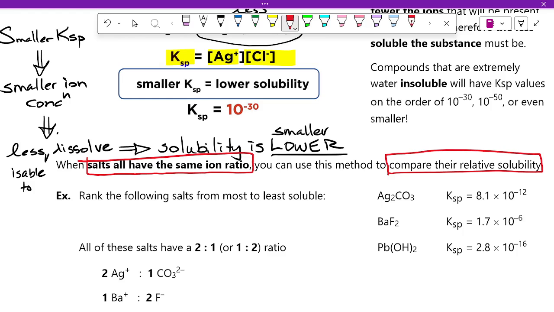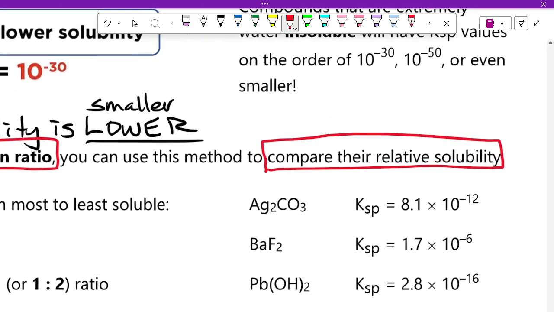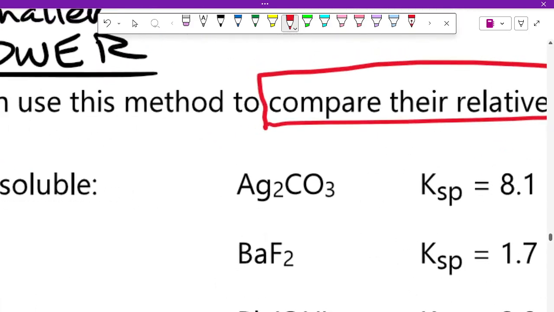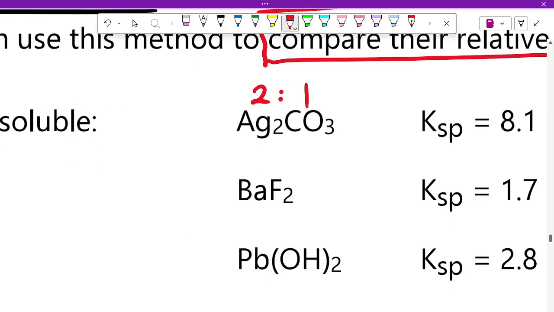So for example, in Ag2CO3, how many Ags do we have? 2. How many CO3s do we have? 1. So we have a 2-to-1 ratio between the ions. How about barium fluoride?